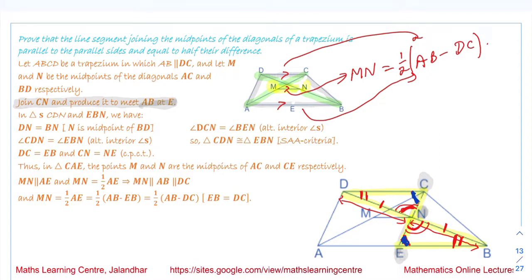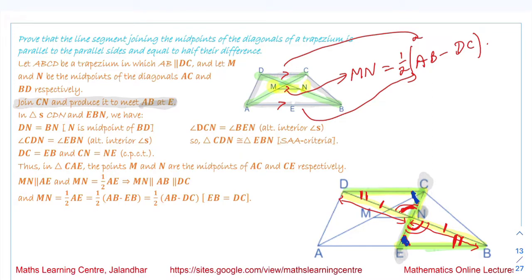Now if these two triangles are congruent, it means these sides are also equal. So the length DC is equal to the length EB, and the length CN is equal to the length NE. These lengths are also equal.